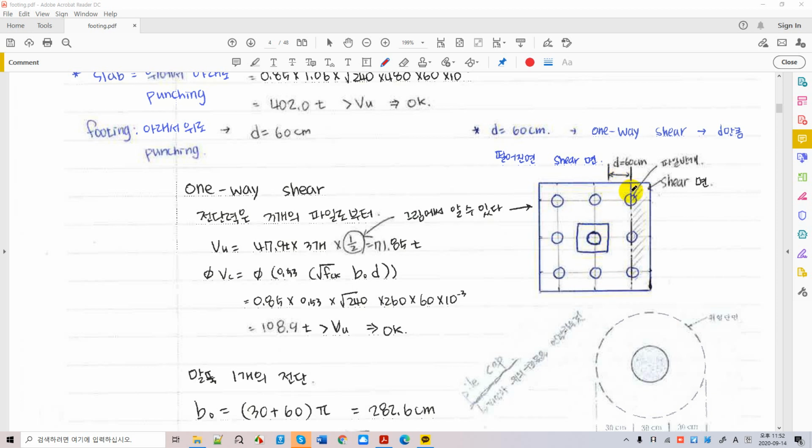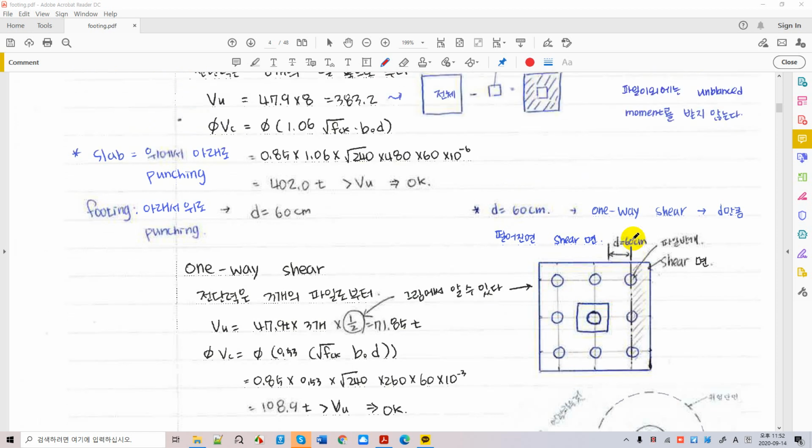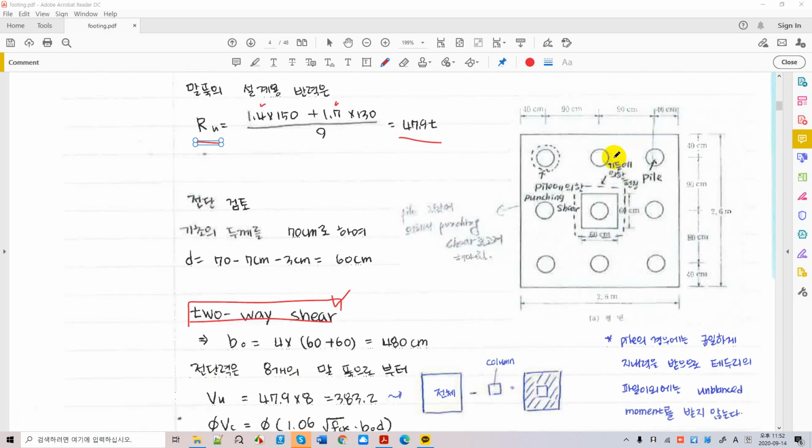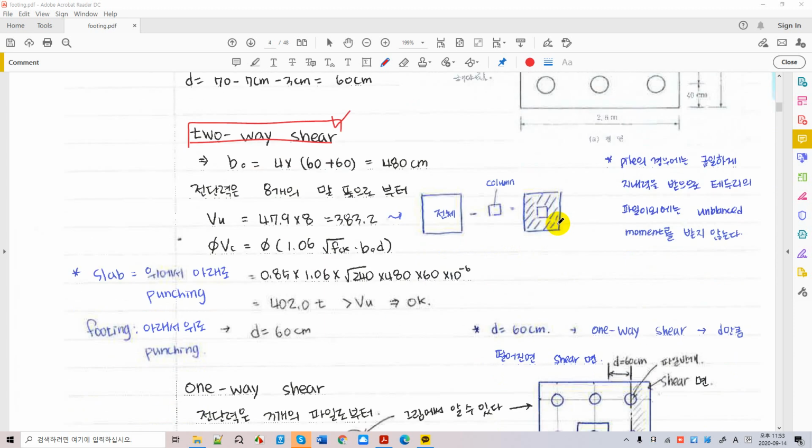So how many piles will contribute to bending moment? One, two, three, right? And the moment arm is from here to the center of each pile. So from here to the center of each pile is easy to calculate. From this distance, from this distance, from here, right? So what is that?